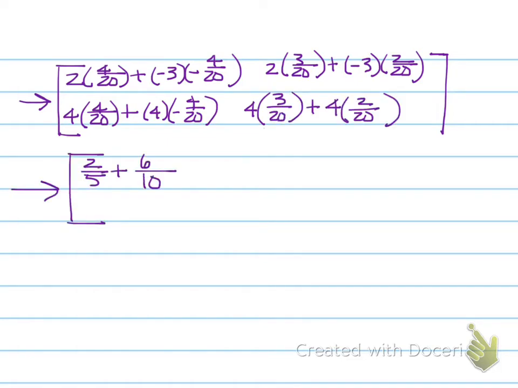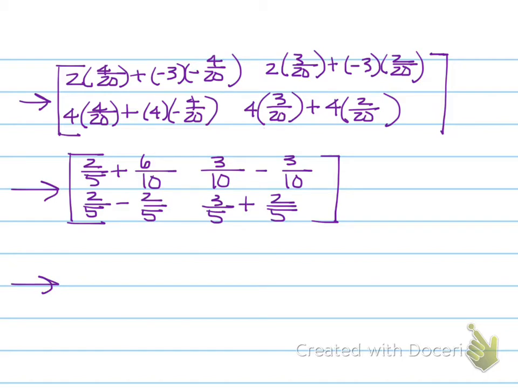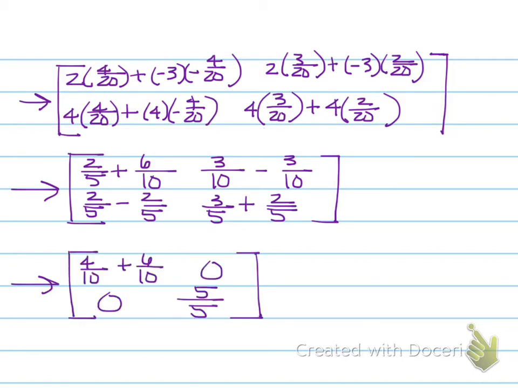And then when we simplify those expressions, we get the following. Further simplifying the expressions, you can see now we have the zeros in the bottom left and top right. And then when we simplify the top left and bottom right, we get that identity matrix, which again is the matrix equivalent of 1.